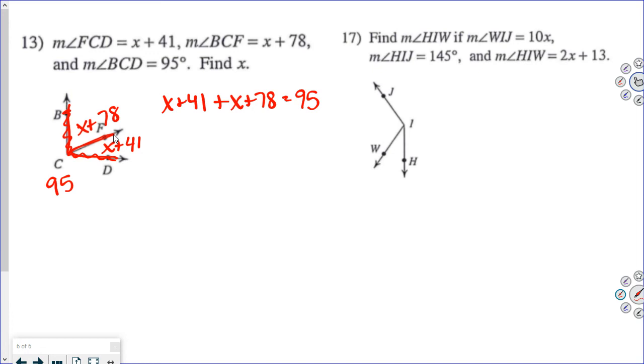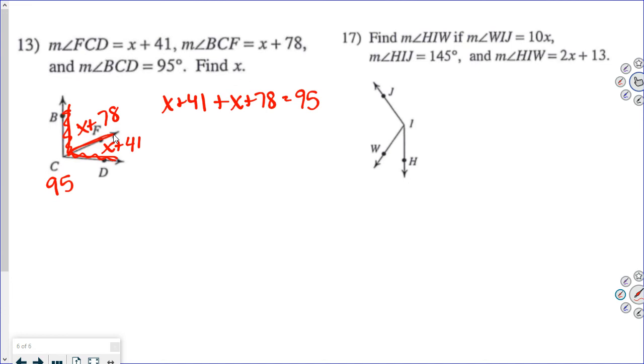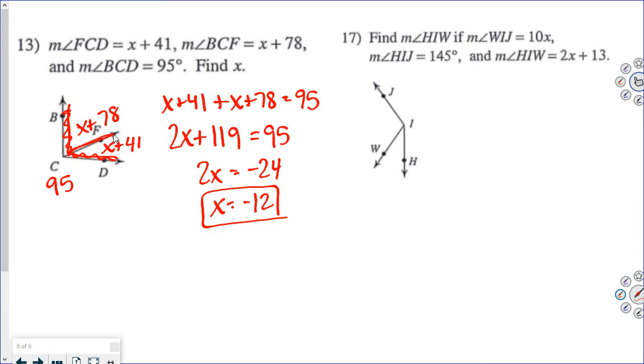So I have 2x plus 119 equals 95. And then when I subtract that 119, I'm going to end up with 2x equals negative 24. So my x is negative 12. Again, our x value can be negative.